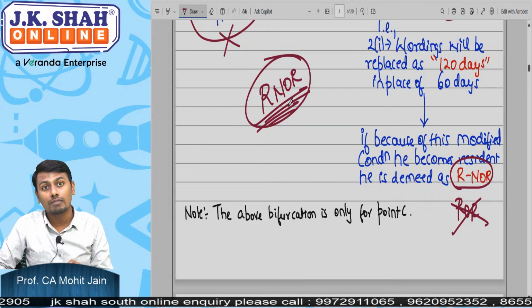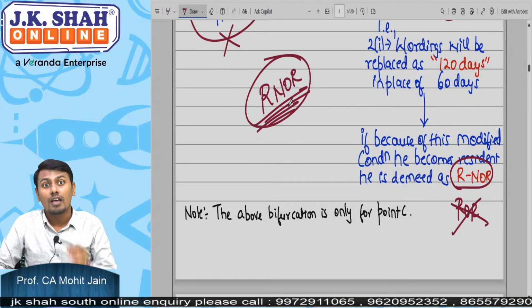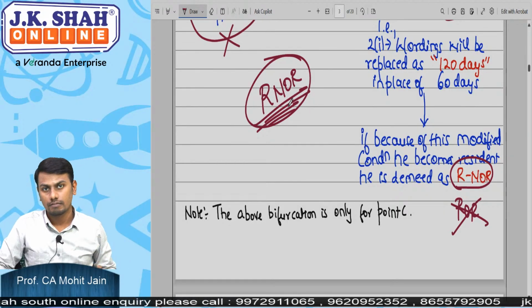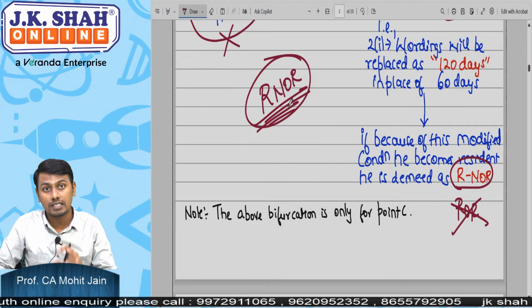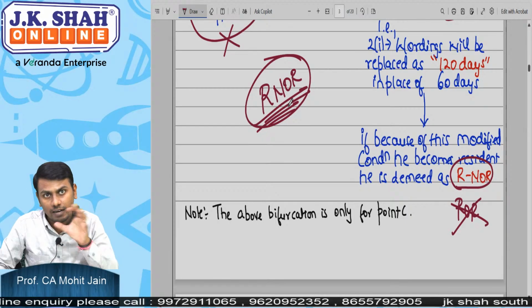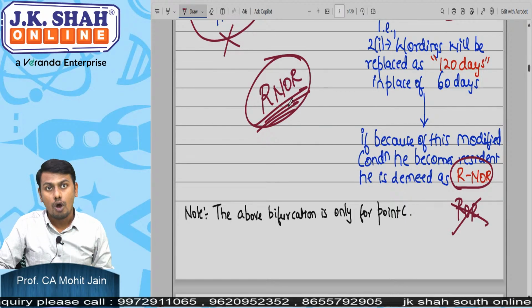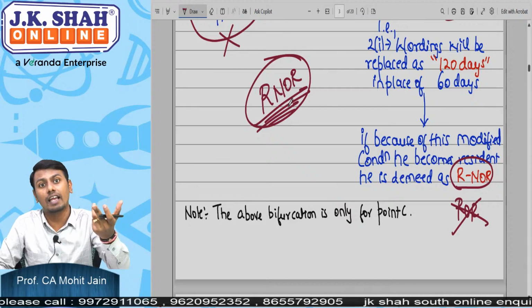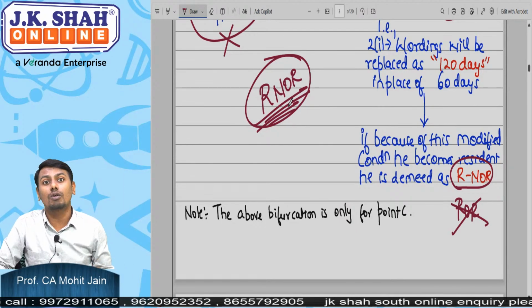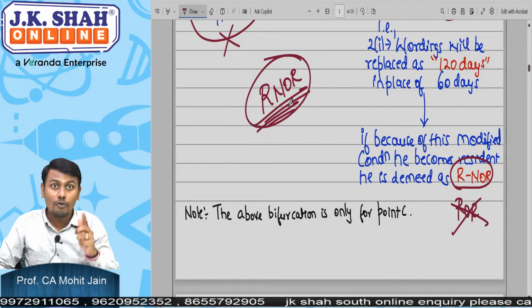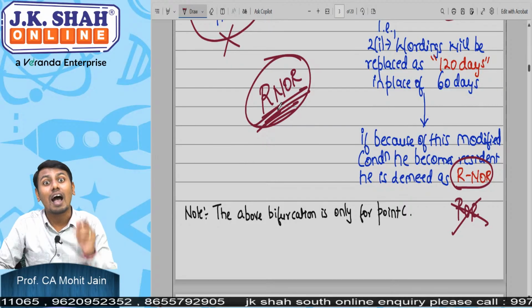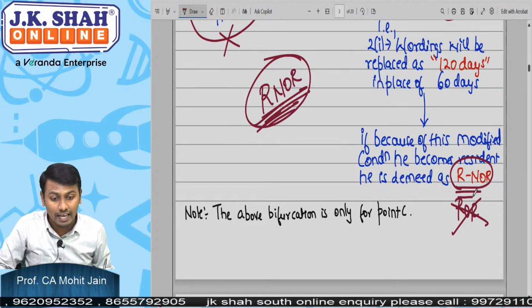Which foreign income, sir? Those foreign incomes which are getting controlled from India. Like if you are having any business outside India and that business is getting controlled from India, or if you are having any profession outside India but that profession is controlled from India, so that foreign income will become taxable for what? RNOR.